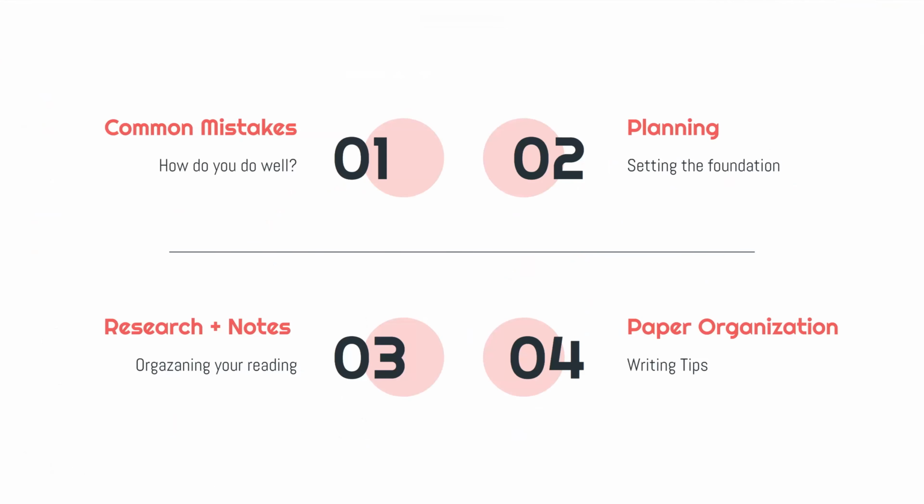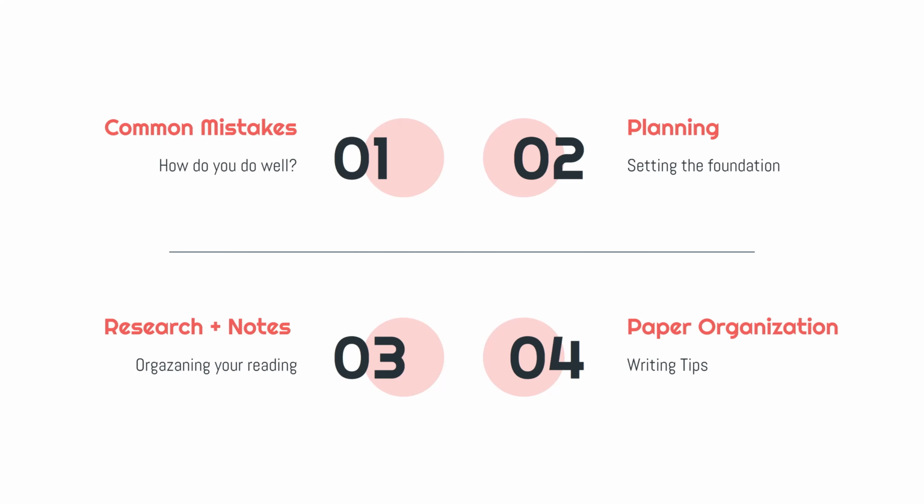All right, so the general outline for today is we're going to go through some common mistakes, things that students usually do and then end up not doing well, going through some of the planning of how you can set yourself up for the research part and organize yourself before you even get to reading papers and figuring out what you're going to write. We're also going to go through the actual research portion, how to efficiently read papers throughout the stages of the project, and also how to do notes and citation management and all that.